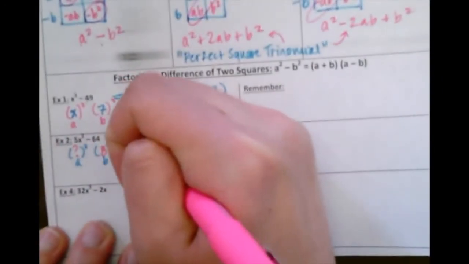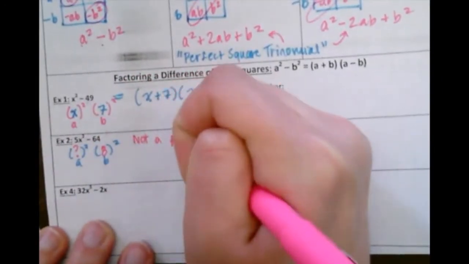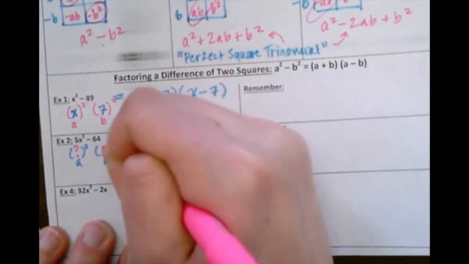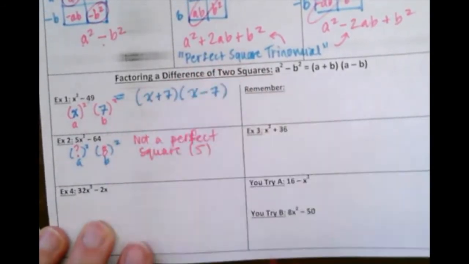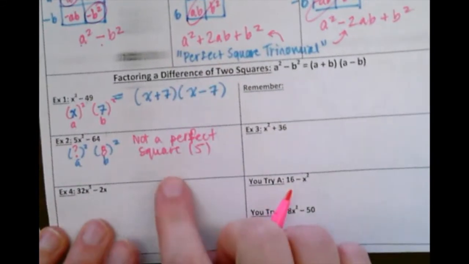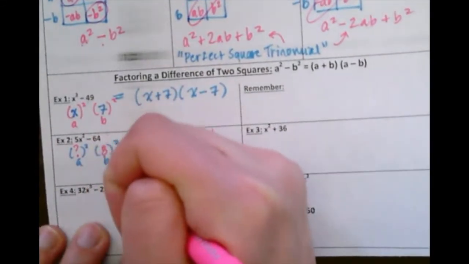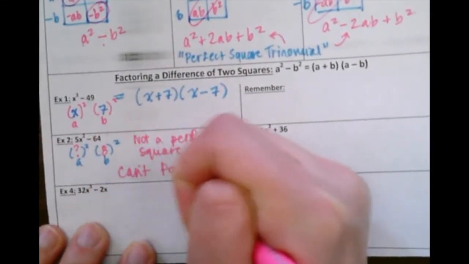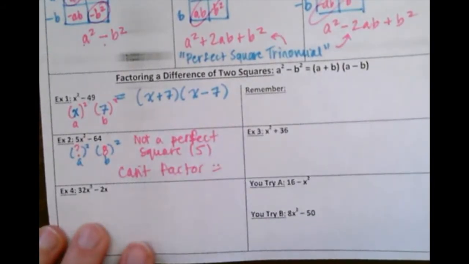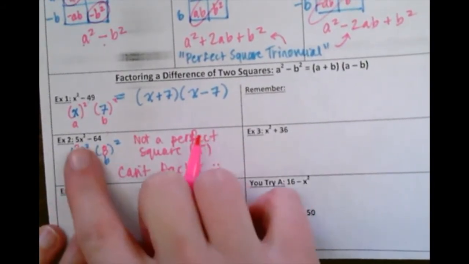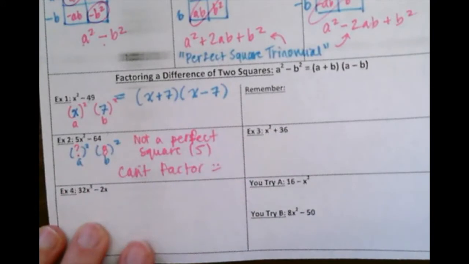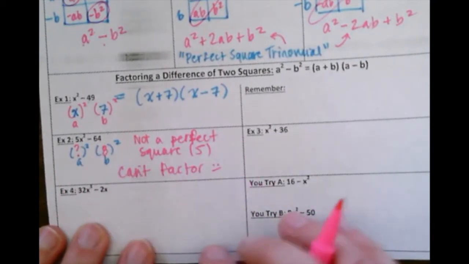So 5 is not a perfect square, so I can't do anything here. If it's not both things being a perfect square, then I can't apply this method. I don't really know what else I can do here, okay?